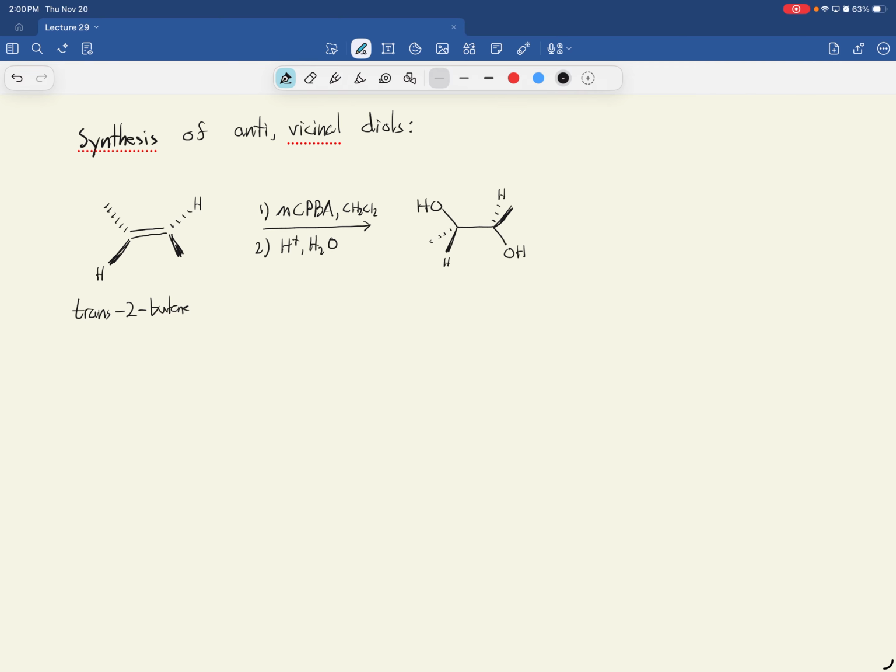But remember, like trans-butene, we have trans addition of the same group, like those trans-bromo. So this becomes meso. So this is meso 2,3 butane. And how many alcohols do we have? 2. So what's the name, the ending? Diol.